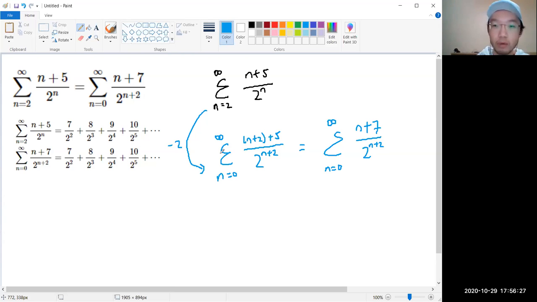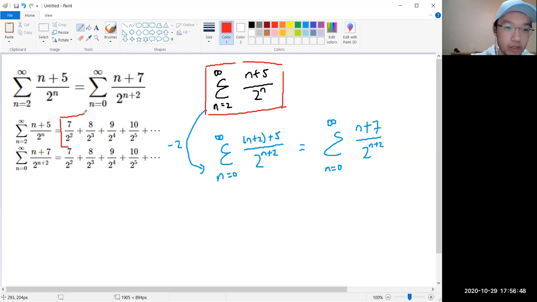And then let's take a moment just to convince ourselves that after we perform an index shift, we didn't really change anything about the series. If you were to write out the numbers in the series for the first one, they have it over here. Look over here, this is the numbers written out for the first series.